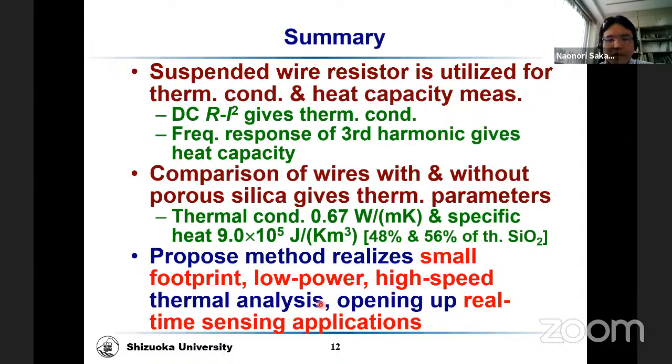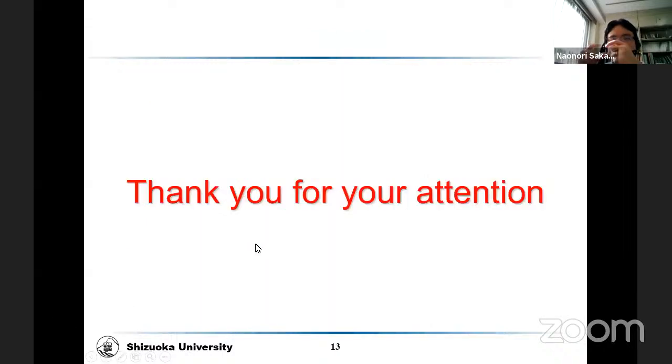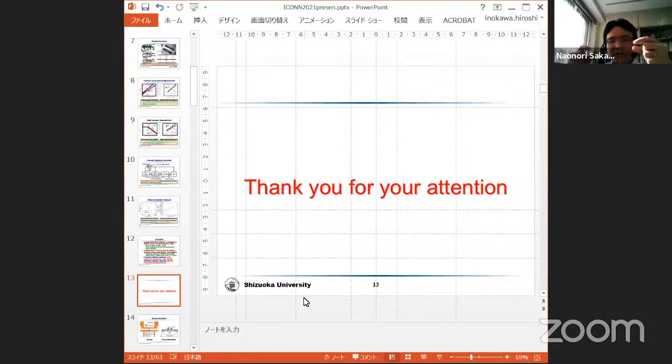Not yet. So I would like to ask one thing. Professor Inokawa, you prepared the microstructure to measure the heat capacity of the porous silica, and in that case, how did you prepare that structure?